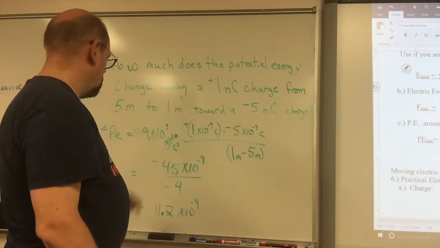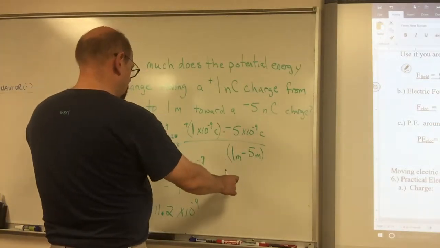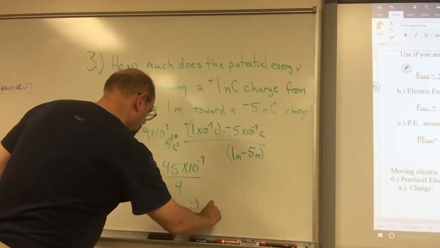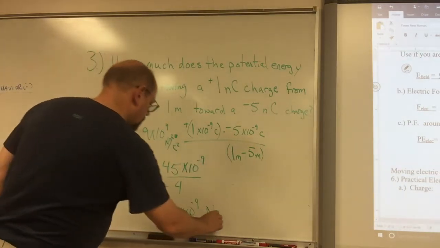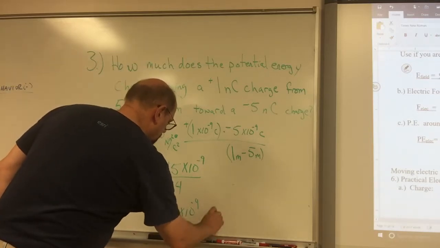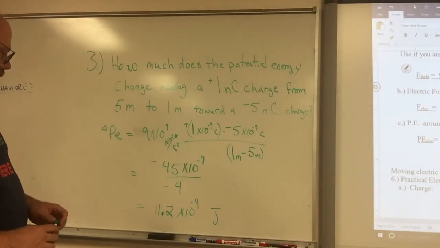This is going to be 1 of the meters down here. That leaves 1 of the meters up top. Coulombs cancels out, so I got Newton times meters. Potential energy. Yeah, force times distance is in joules. Newton times meters is now in joules. Okay, 11.2 times 10 to the minus 9th.